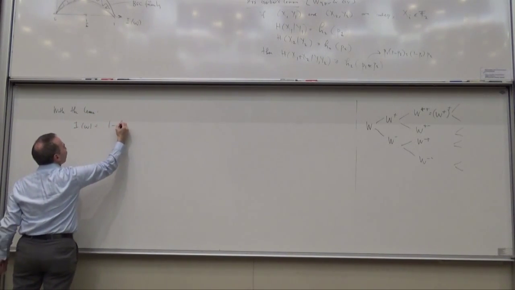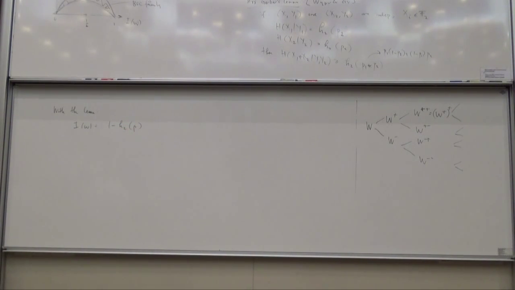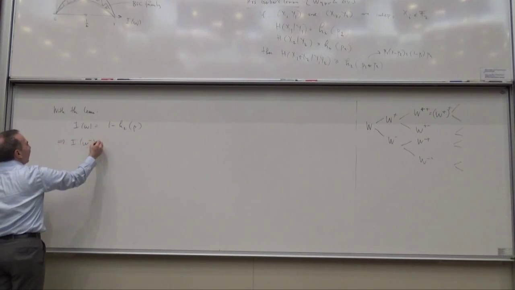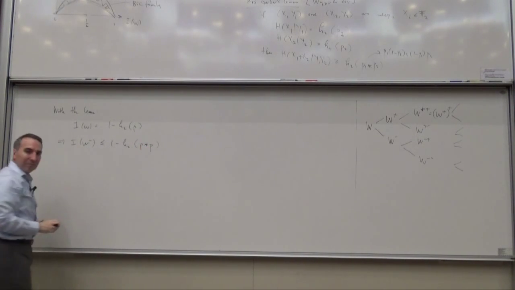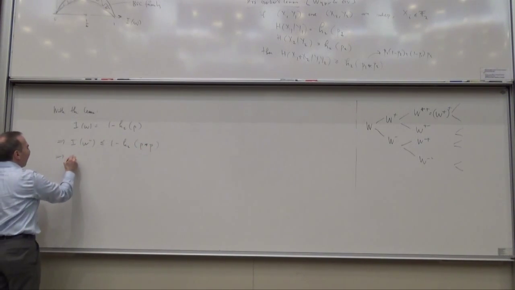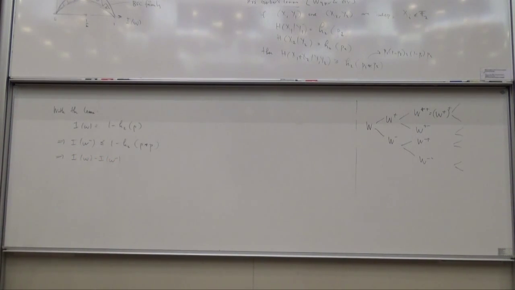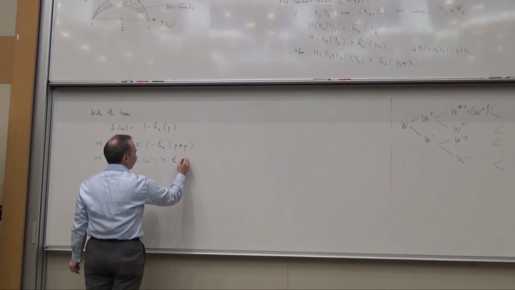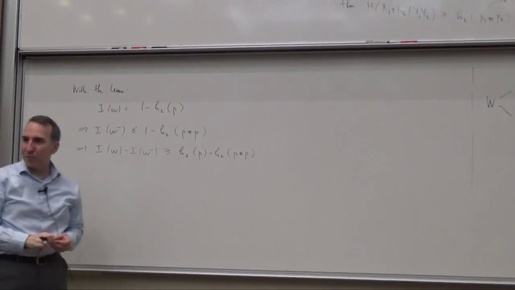If I(W) is this particular number, and if I(W) happens to be equal to 1 minus H2 of p, then I(W minus) is less than 1 minus H2 of p star p. Consequently, I(W plus) minus I(W minus), which is what we wanted to get there, is bigger than H2 of p minus H2 of p star p.